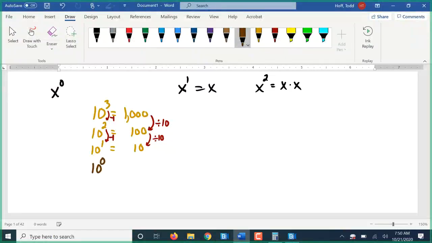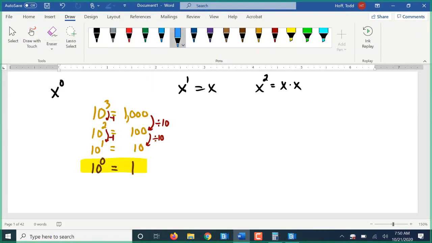So if we continue that pattern, we reduce the power by 1, the answer again has to be divided by 10. 10 divided by 10 is 1. So 10 to the power of 0 has to equal 1.